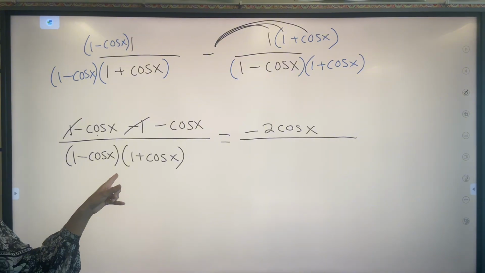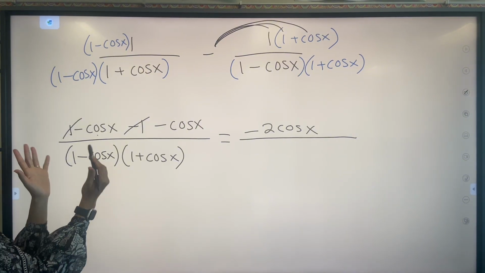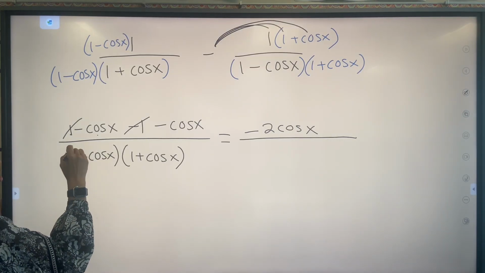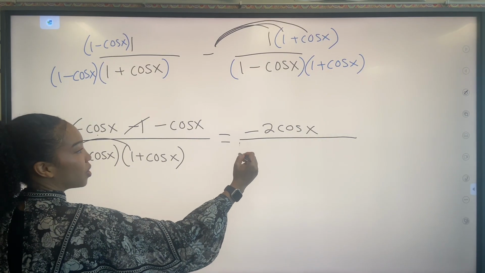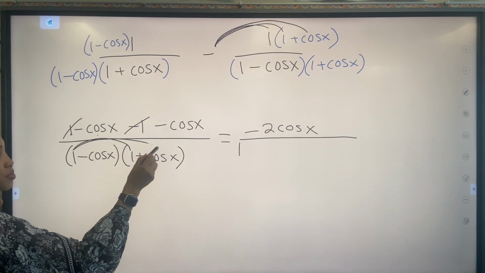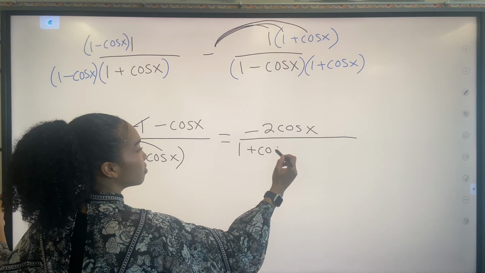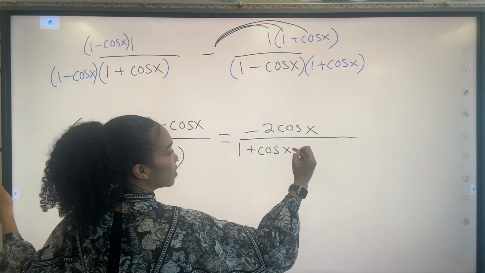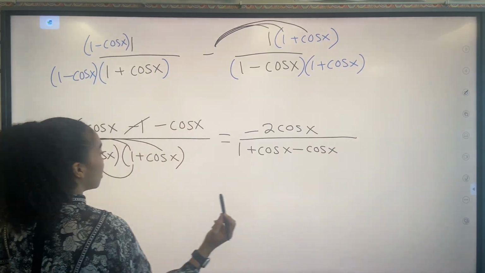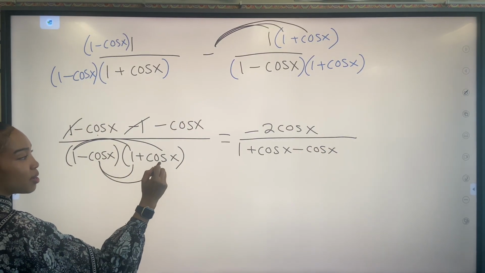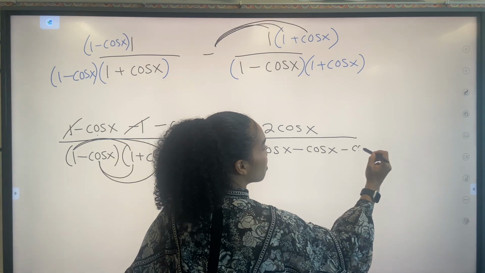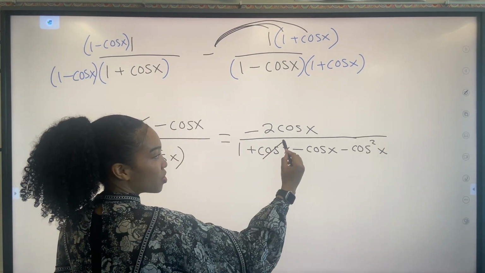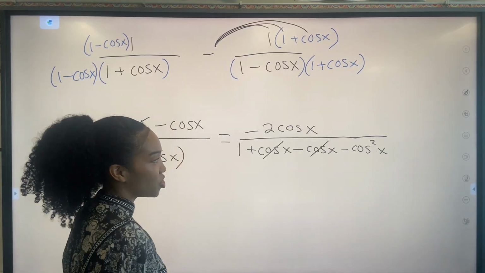Now, your denominator. Let's multiply it. Whenever you have two factors, you can multiply them. So 1 times 1, you get 1. 1 times cosine is cosine. A negative cosine times 1 is a negative cosine. Negative cosine times cosine is negative cosine squared. And notice, positive cosine minus cosine is just 0.